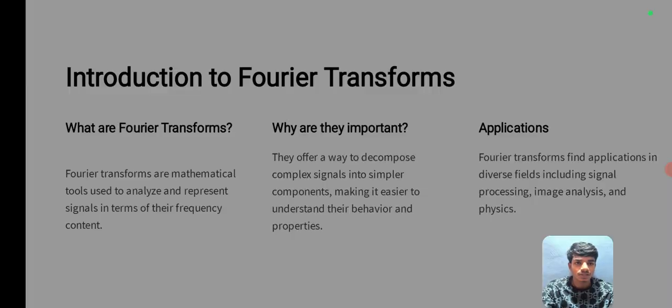The importance is they offer a way to decompose complex signals into simpler components, making it easier to understand their behavior and properties. The applications are that Fourier transforms find use in diverse fields including signal processing, image analysis and physics. This is about the introduction.